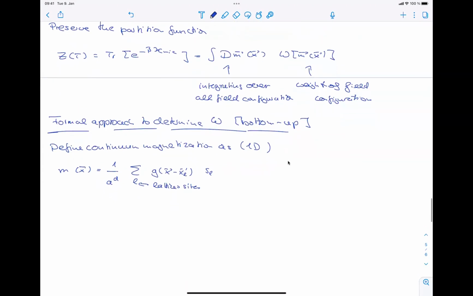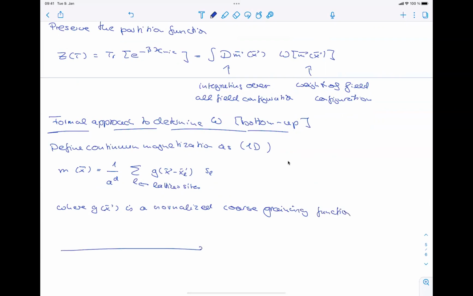to then arrive at a magnetization as a continuum variable. And so this function g of x, for example, could be the following, a normalized coarse graining function. It could, for example, look like that.